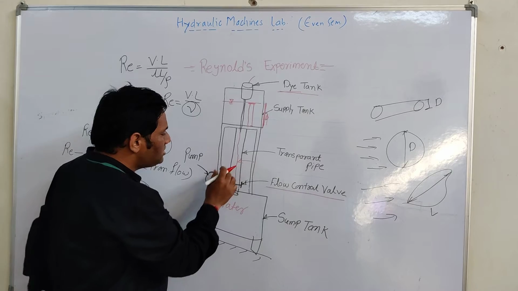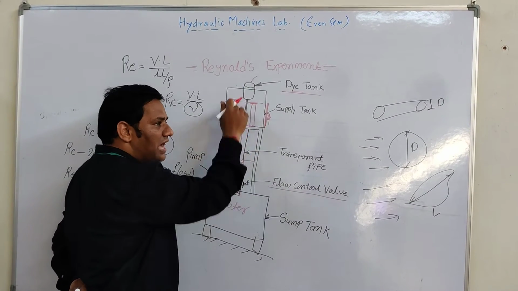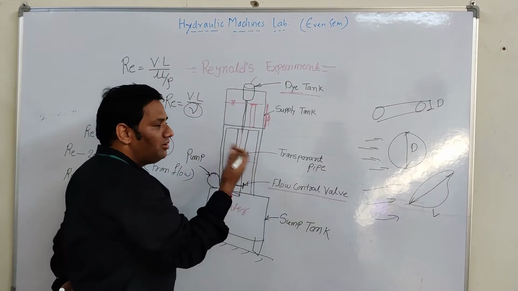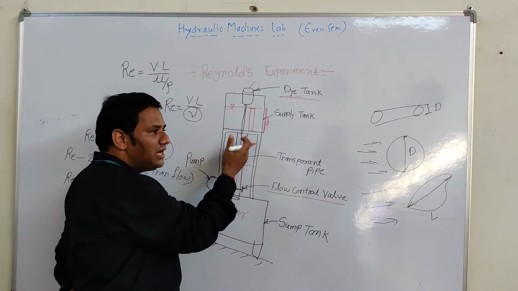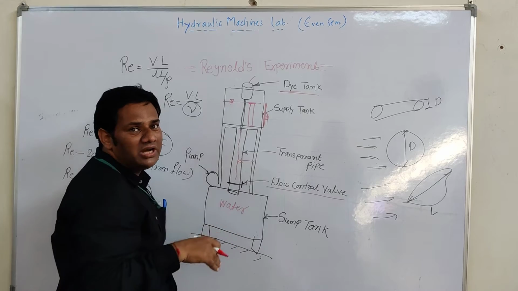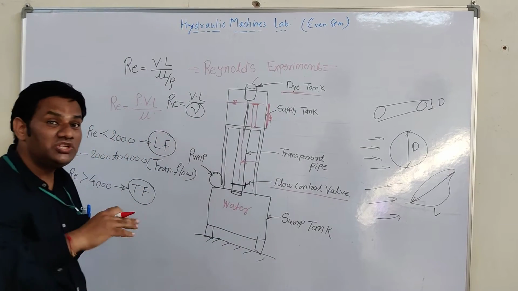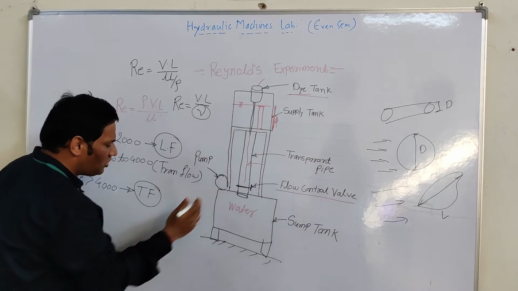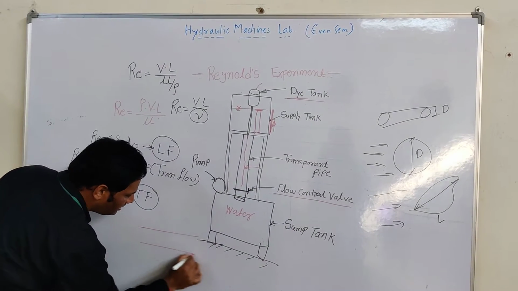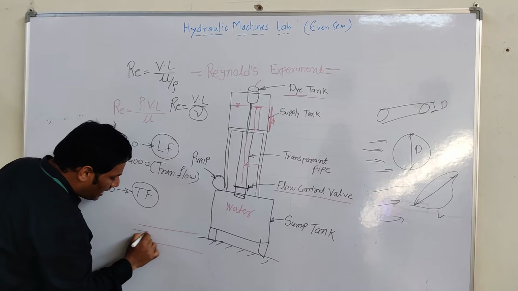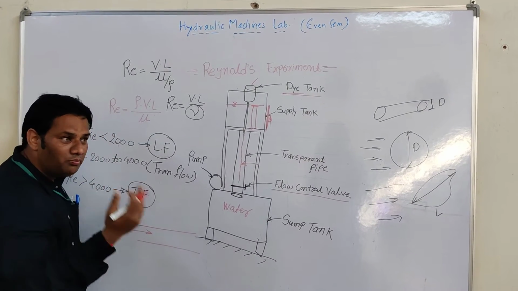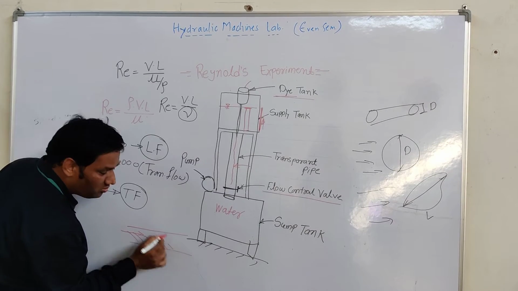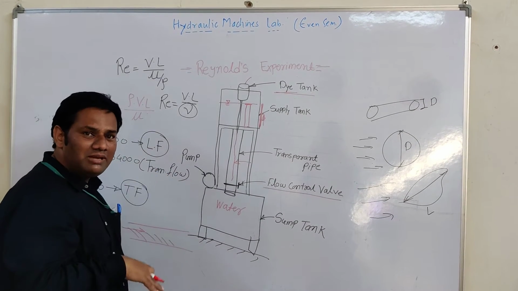Why? Because if we pass some dye here and the specific gravity of the dye is more than that of water, obviously the dye will easily move in a downward direction by gravity, because its weight is more than water. For example, if instead of a vertical pipe we take a horizontal pipe here and the dye's specific gravity is more than water, the dye would easily settle at the bottom of the pipe, for the same reason.